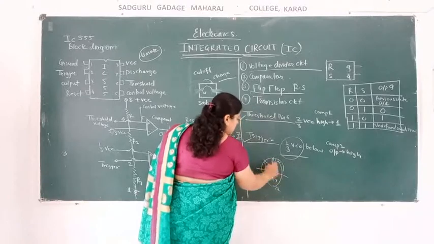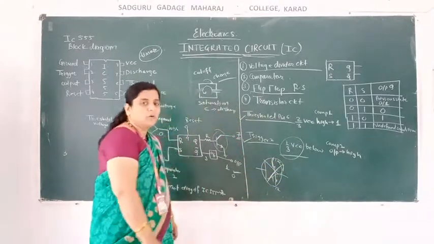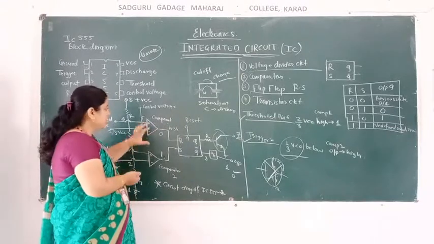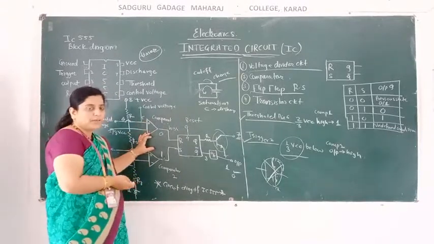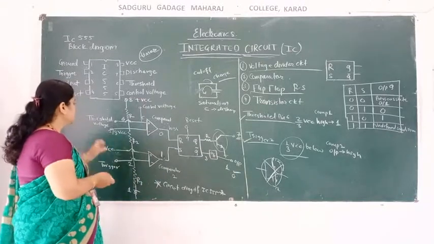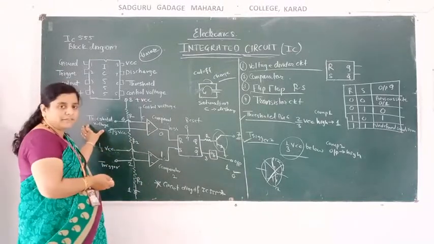So all these voltages are not in the ideal op-amp, therefore that ideal op-amp will work as a comparator. Therefore we have taken these two comparators. So this threshold voltage that we have considered is the reference voltage.